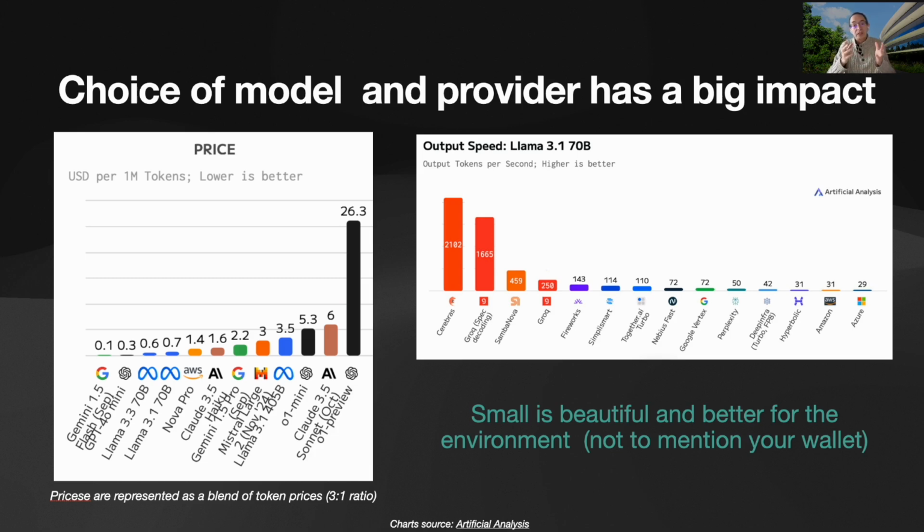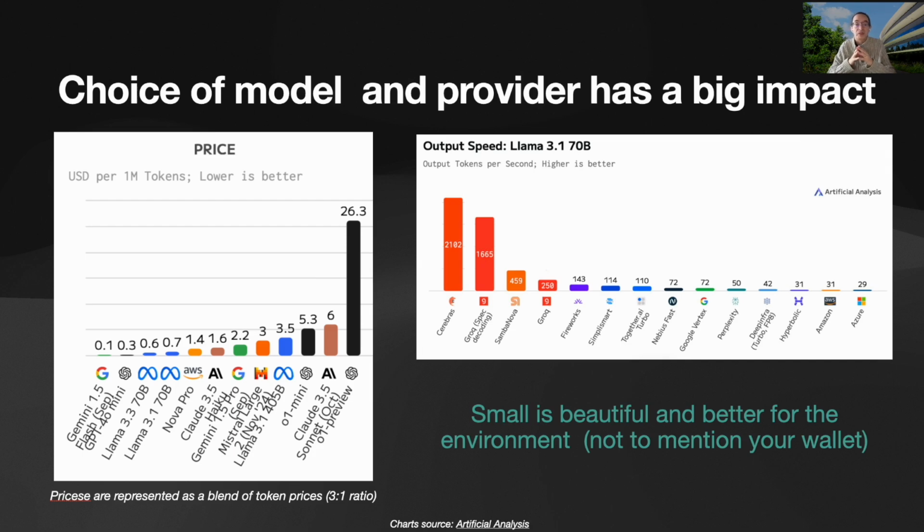The other thing that's important, like we said, is output speed. How fast these models can respond to questions. And that's what we see in the chart on the right, the output speed. We can see that Cerebras and Groq can run Llama 3.1 70B at over 1,000 tokens per second.